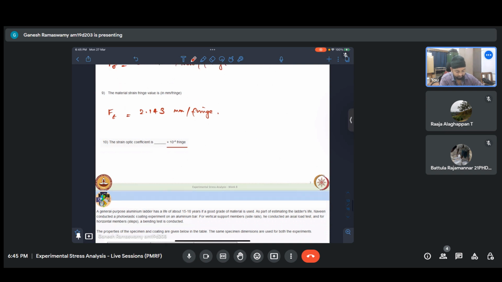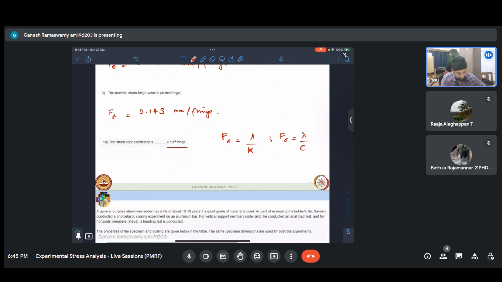So essentially our strain optic coefficient K, F epsilon, is nothing but lambda by K. Similarly, F sigma is lambda by C, as we saw when we were developing. So this strain optic coefficient is what is asked.